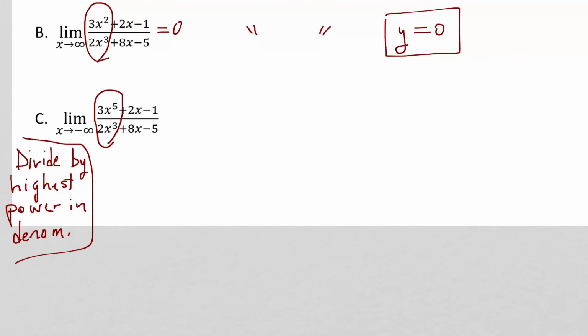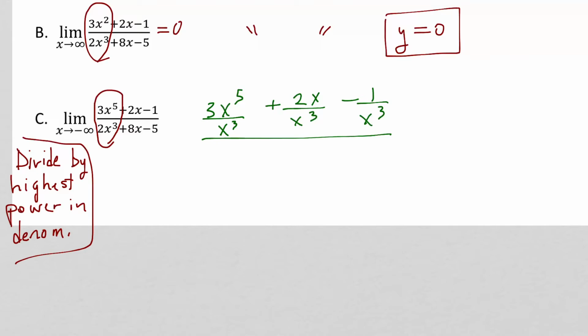So I'm going to take all of my terms and divide by x to the 3rd power. This is my numerator, and I have to do it to every term. This gives me a good way of comparing all of my terms to see which ones are going to affect my final outcome.